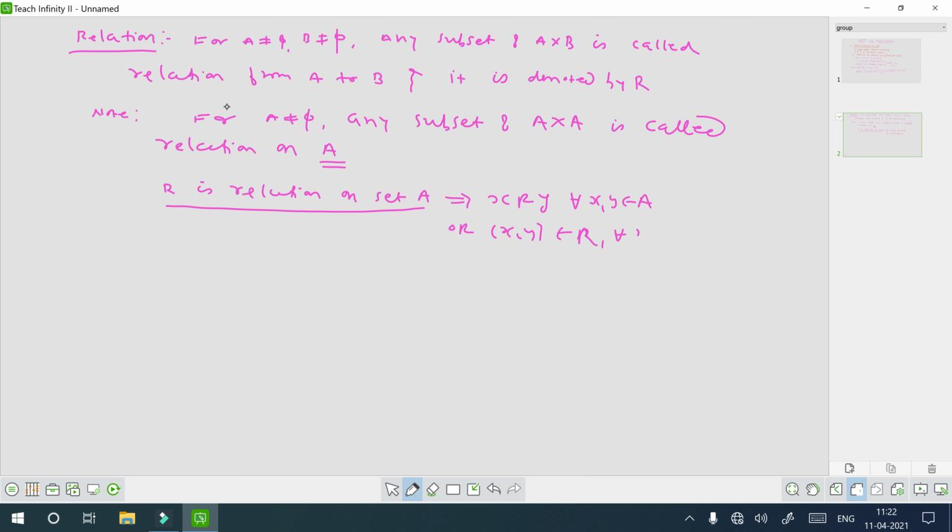And that should be for all x, y belongs to A. This is the notation for relation.